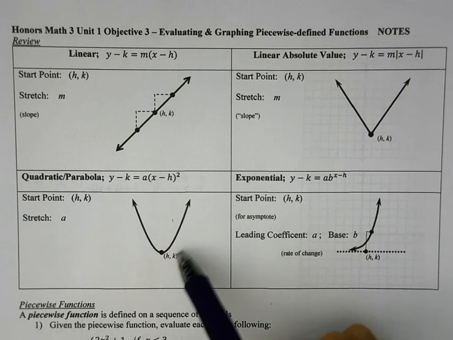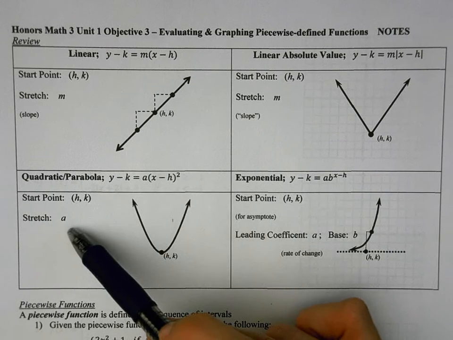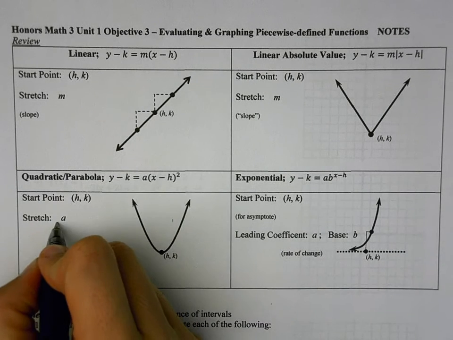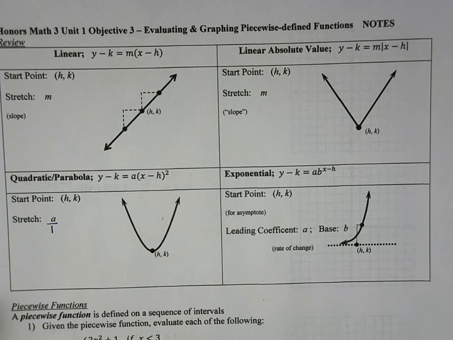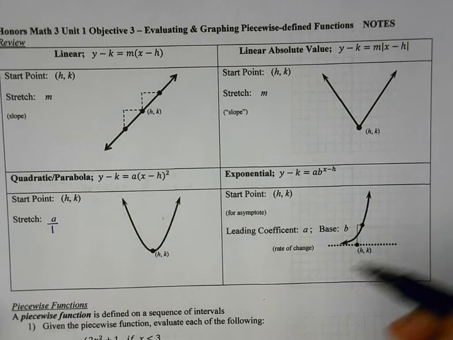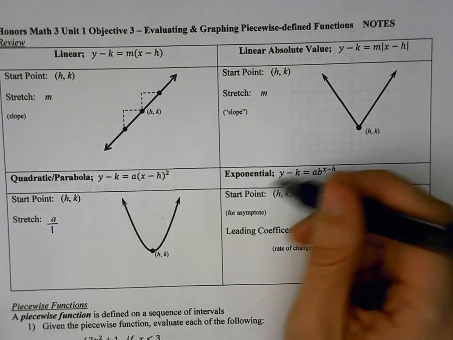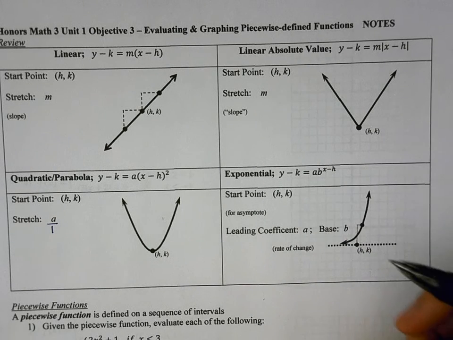We then also have our quadratic, which similarly has an h, k starting point, and then it has a stretch of the a, and remember we always do a over 1 to help us get those points on either side of the vertex. And then there's the exponential function, which is, for most students, usually the trickiest of the bunch. h, k still exists here, h canceling out the x component, k canceling out the y component.